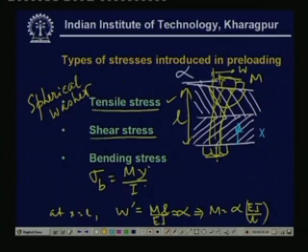Okay. These are hemispherical washers, and very effective for that purpose. So, these are roughly the different kinds of stresses introduced while preloading.